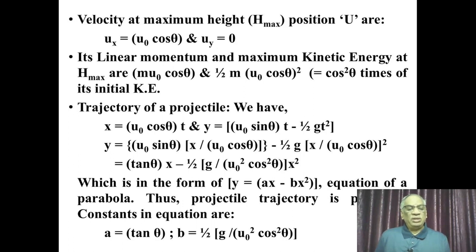So that gives y = tan theta x minus g by 2 u naught square cos square theta into x square, which is in the form of y = ax minus bx square, the equation for a parabola. So the projectile follows a parabolic path with constants a = tan theta and b = g by 2 u naught square cos square theta.